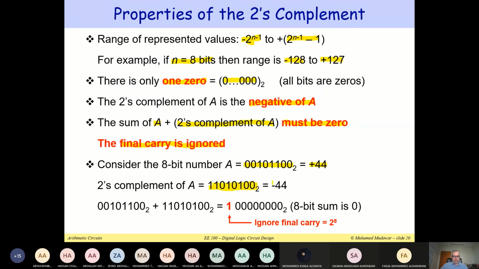This is the 2's complement, which is negative 44. If you add plus 44 plus negative 44, you get 0. But there is a final carry. So you actually get 8 zeros in binary, that's my sum in 8 bits, plus you get a carry. But this carry is 2 to the power 8 because we're using 8 bits. So this is my 2 to the power n. But this final carry is ignored.